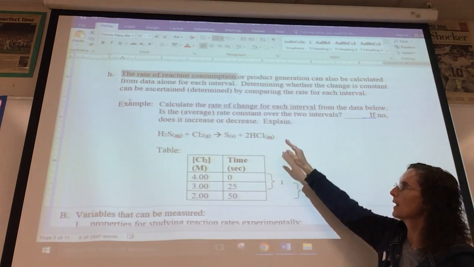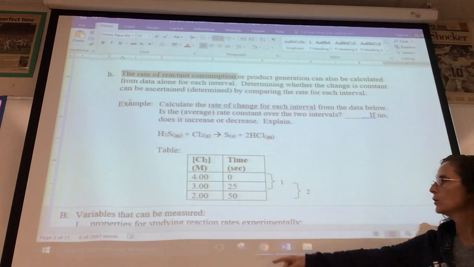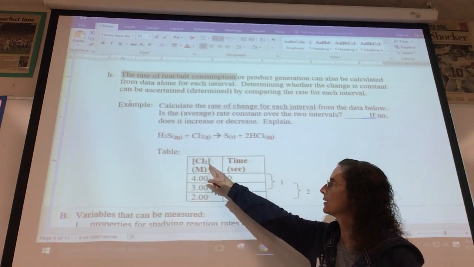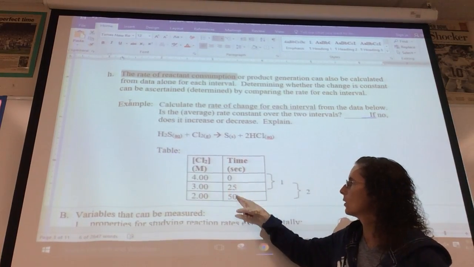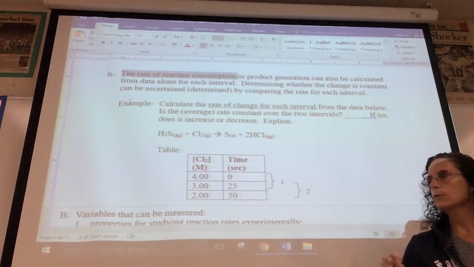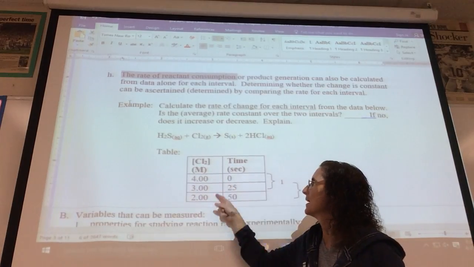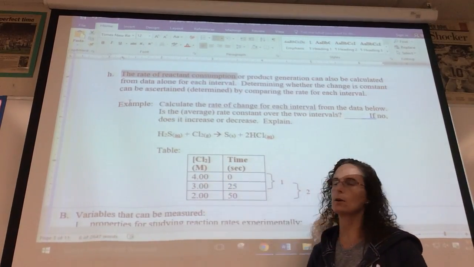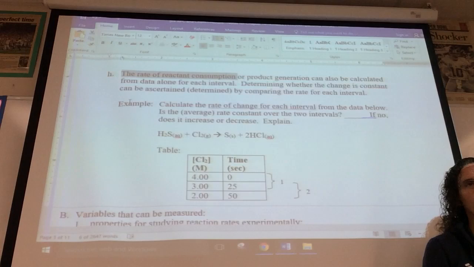You have a chemical reaction shown here. You can see the concentration of chlorine gas over time. What information from the data table tells you that chlorine is a reactant? Its concentration is decreasing over time, and that's because reactants get used up.